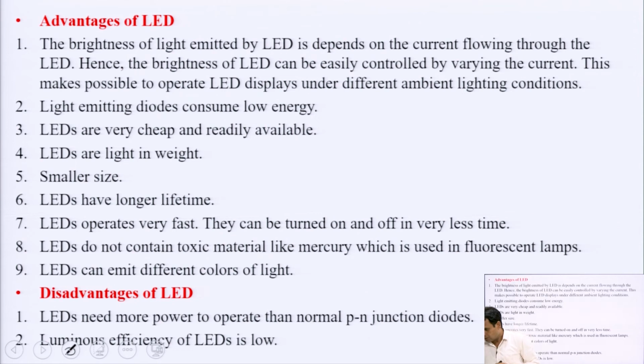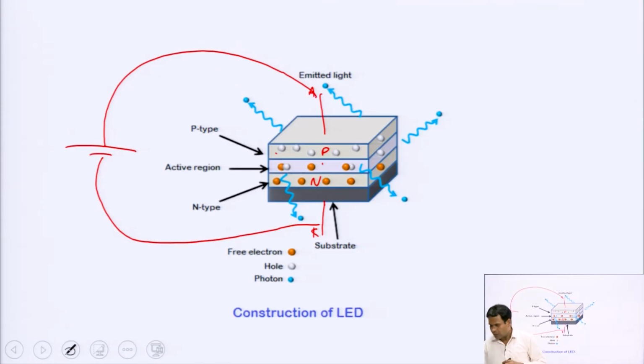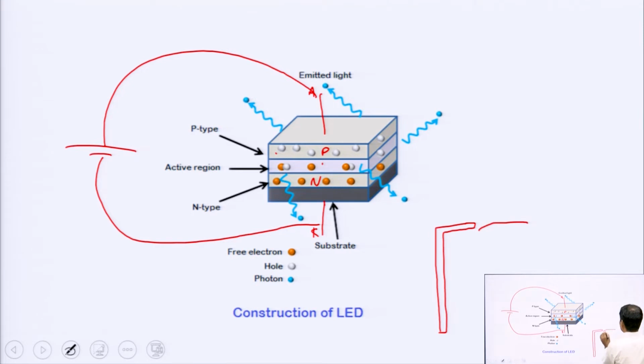Now, how are LEDs available in the market? This is called the dome structure. Suppose this is the cathode and suppose this is the anode.